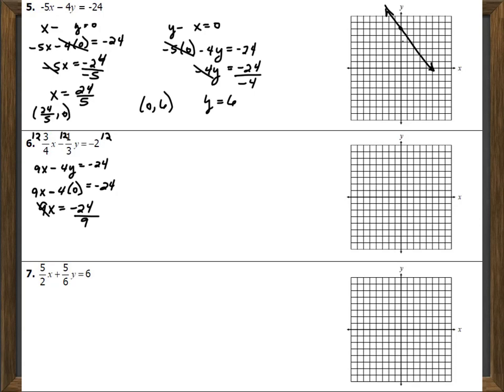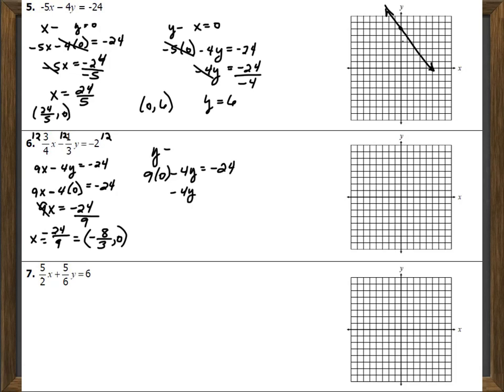So x is going to be negative 24 over 9. Now I can reduce that. They'll both divide by 3. So that's negative 8 thirds. 0 is the point. For the y-intercept, I make x equals 0. So I have 9 times 0 minus 4y equals negative 24.